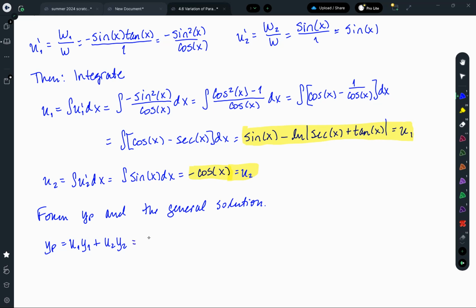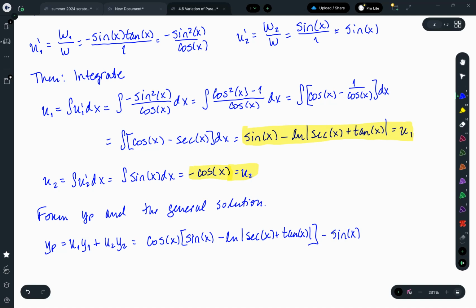So I have my y1 is cosine of x, times my u1, which is sine of x minus ln of the absolute value of secant of x plus tangent of x, close parenthesis, and then plus y2 was sine of x, times u2, which is a negative cosine, so we have a minus, actually, cosine of x.